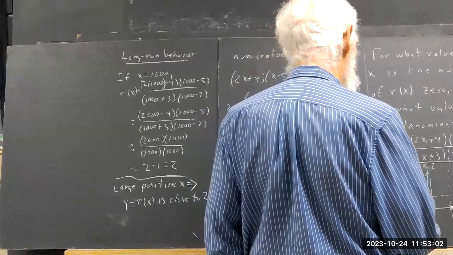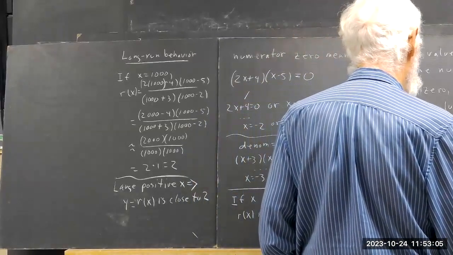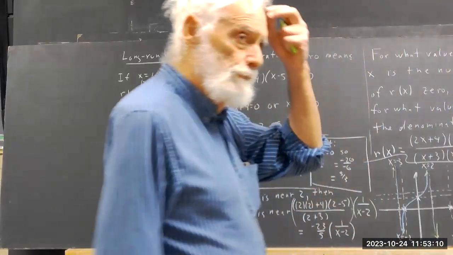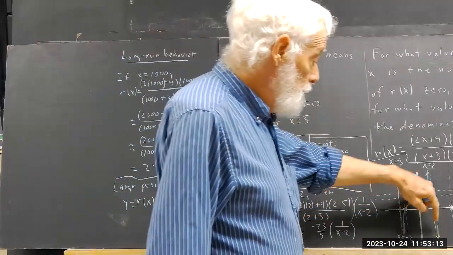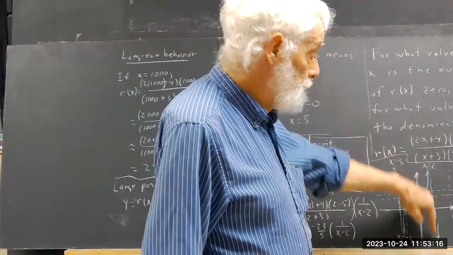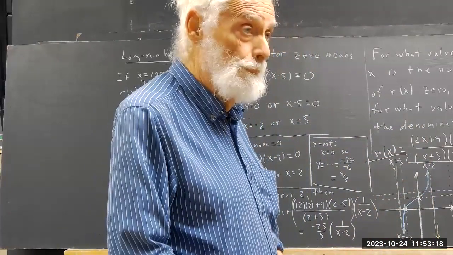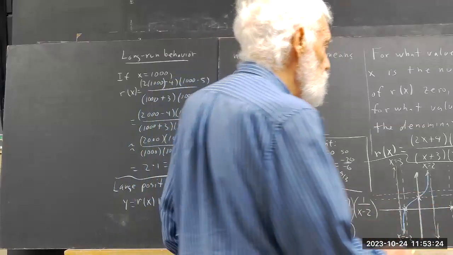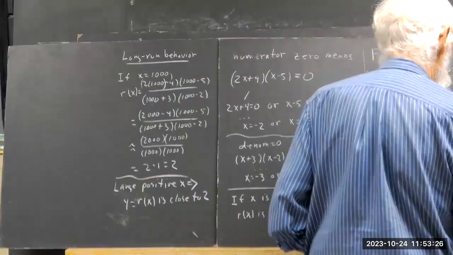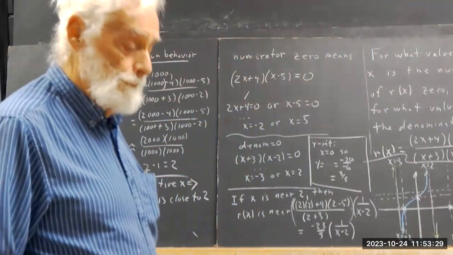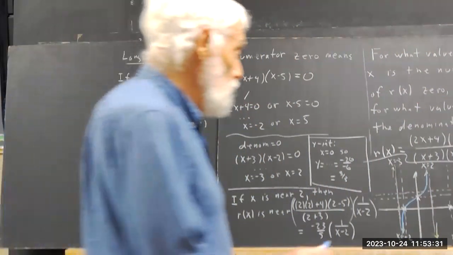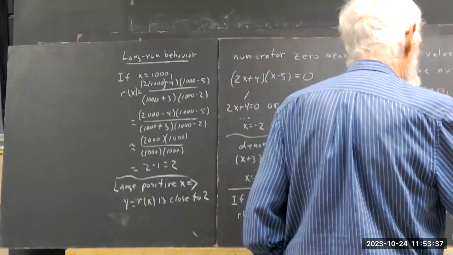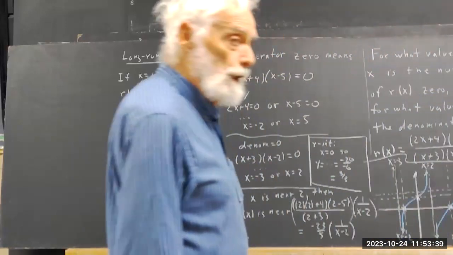It tells us that if we draw the line y equals 2, we know what happens to the right of this asymptote at x equals 2. We've got to start down here. We've got to go through this line, and then we have to approach the y equals 2 line. So how does that work? We come down here, we come up through here, and we approach y equals 2 as an asymptote.